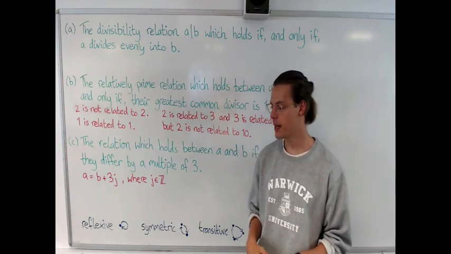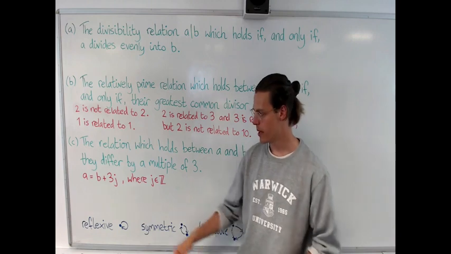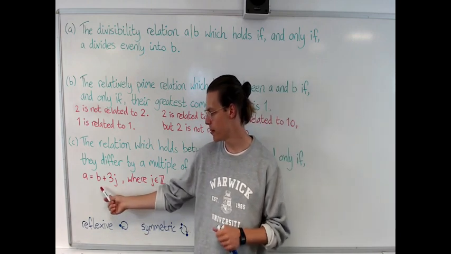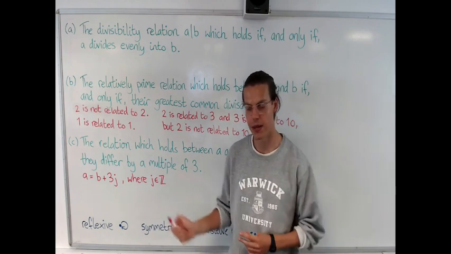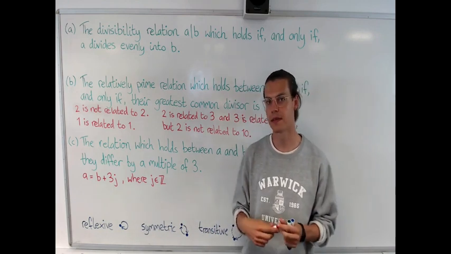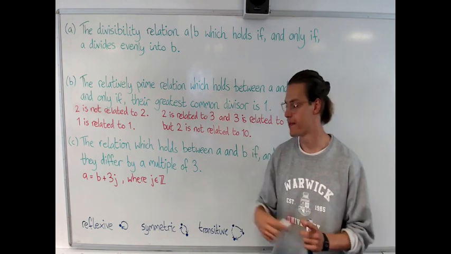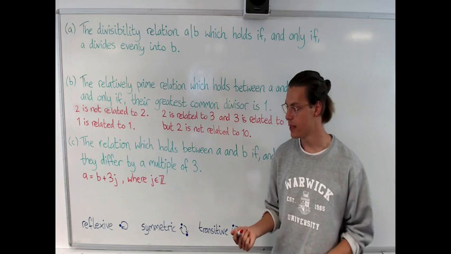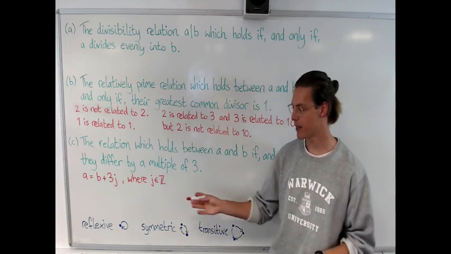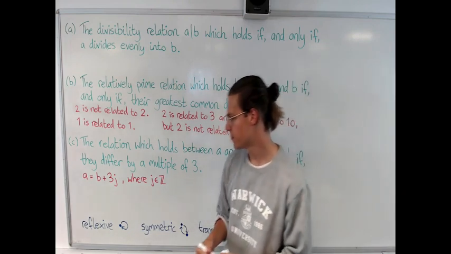So if A is related to B, then A is equal to B plus 3 times J, where J is an integer. It may be positive or negative, or 0. Now if B is related to C, then we can write a similar equation with B and C.